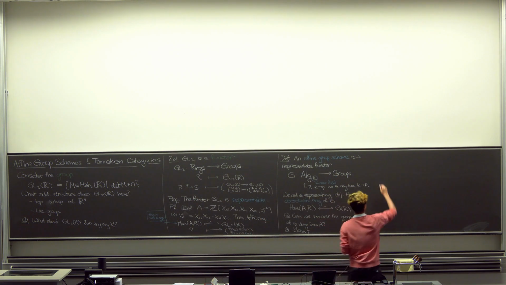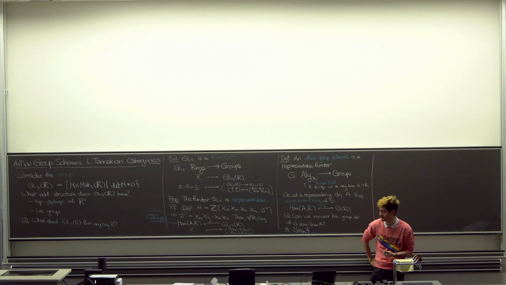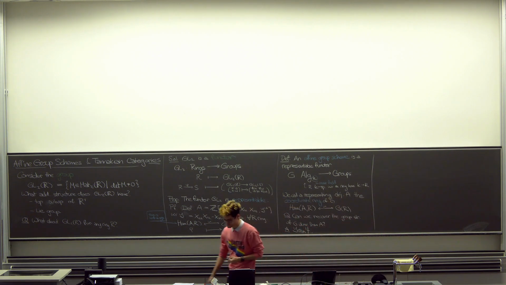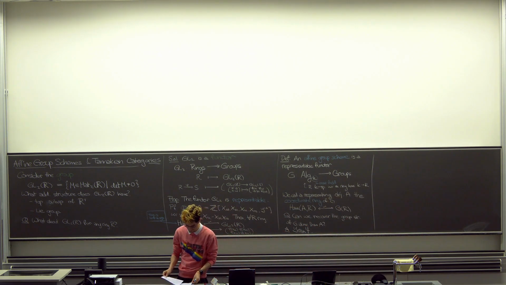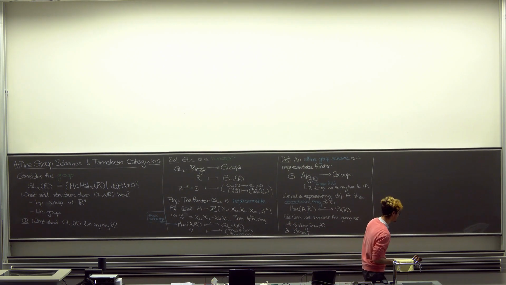So what do we do? The idea is I want to impose some more structure onto my ring A so I can still recover my group G. And this is where I want to go here.